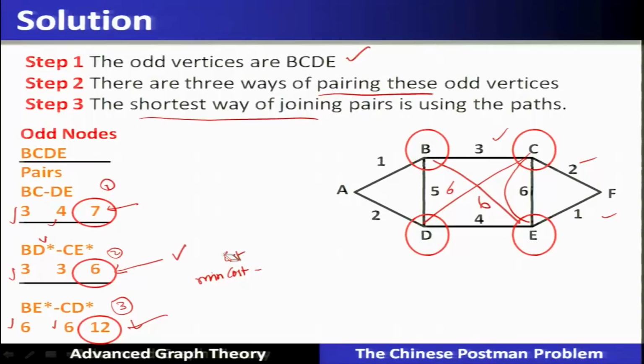Hence, we will choose this particular one, that is BD of an extra cost 3 and CE of an extra cost 3 to solve this particular problem. Now, the extra cost is 6 in this particular case.